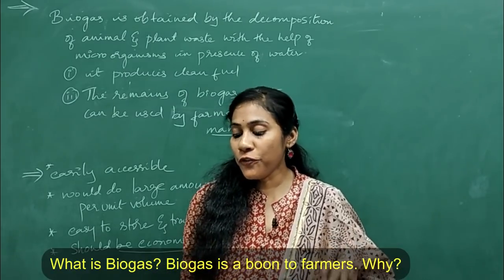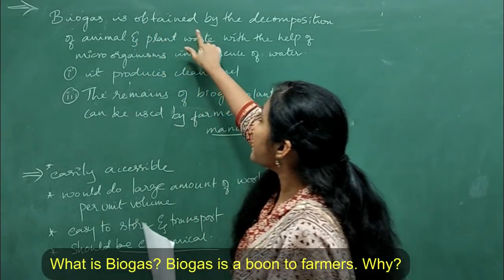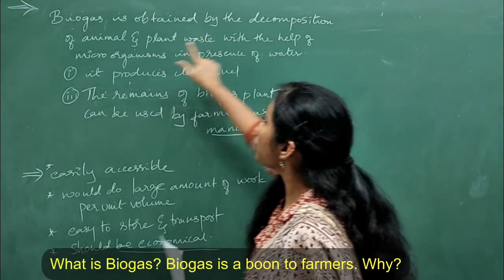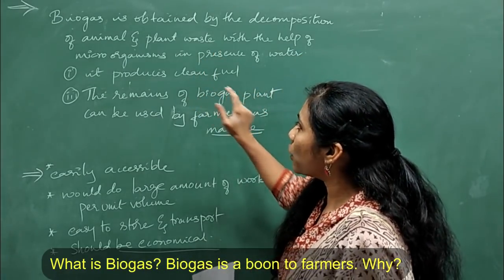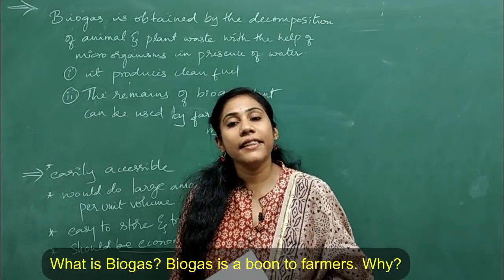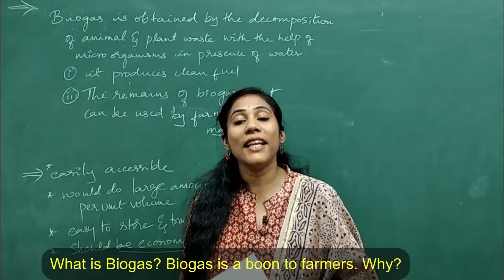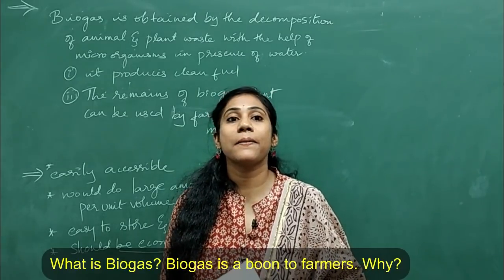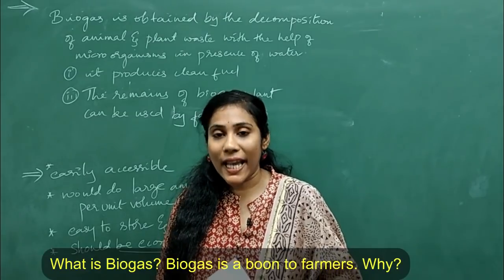Biogas is a boon to farmers. Why? So what is biogas? Biogas is obtained by the decomposition of animal and plant waste with the help of microorganisms in presence of water, right?